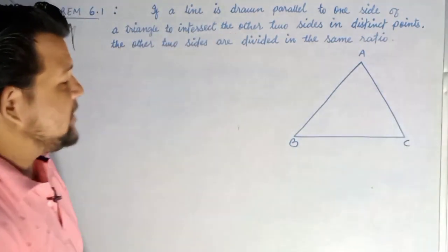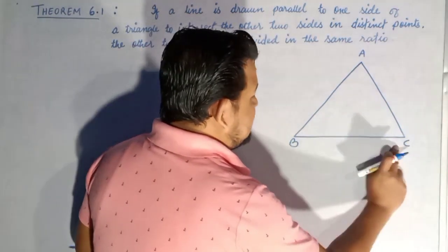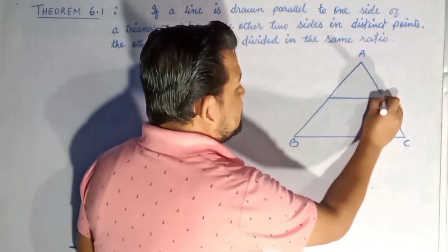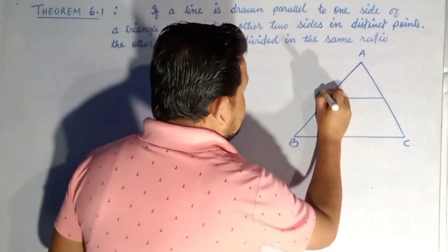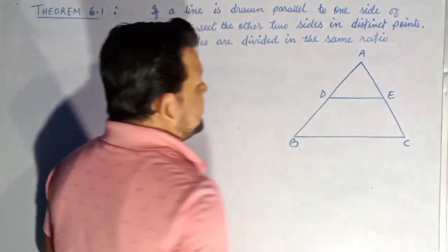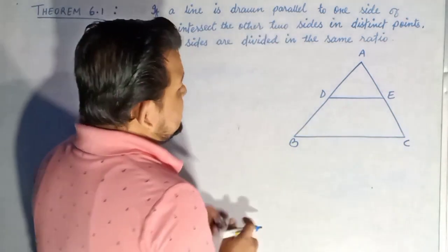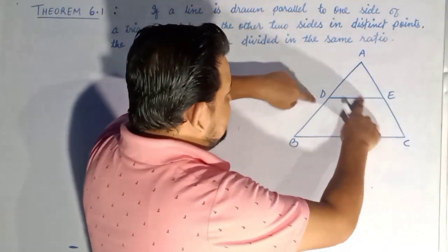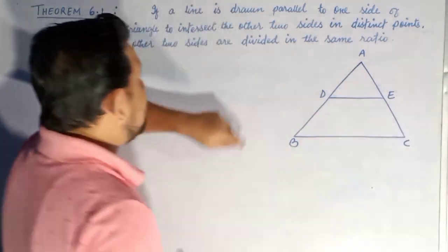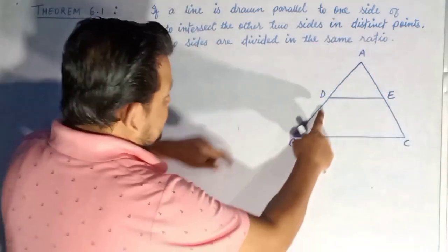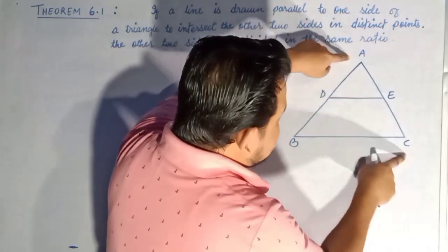In this triangle, if a line is drawn parallel to BC, for example, let us name it DE, it will intersect the other two sides, AB and AC, at distinct points. At point D, AB will be intersected, and at point E, AC will be intersected.